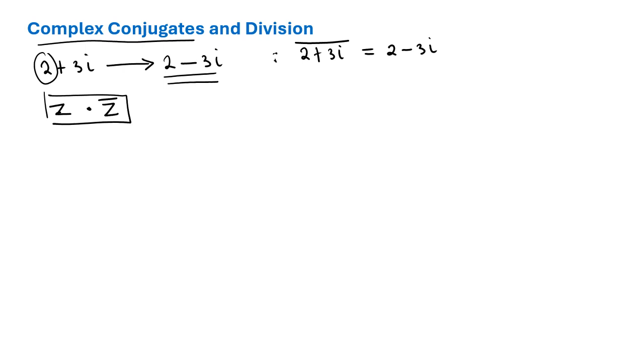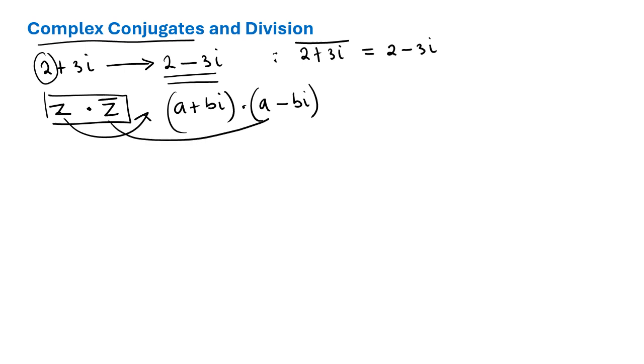So what I mean is this. For example, if we represent a complex number as a plus bi in standard form, and we multiply that by its conjugate, which will be a minus bi in general. This is the conjugate, and this is the complex number. So when we multiply them, we will find out.